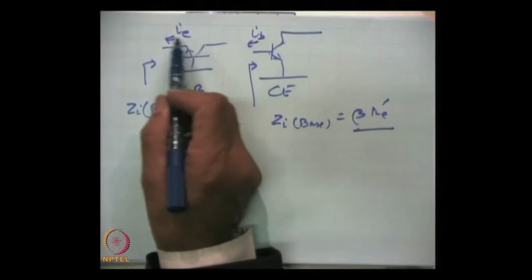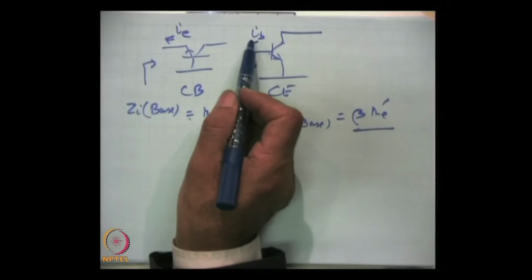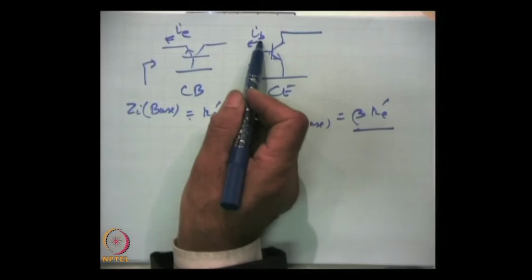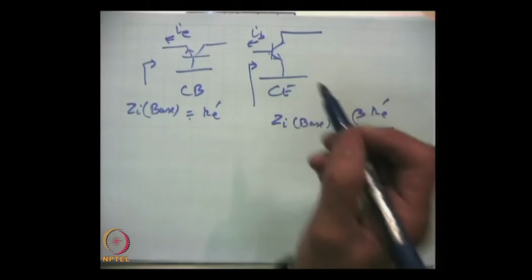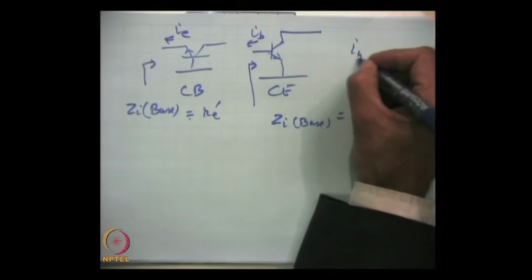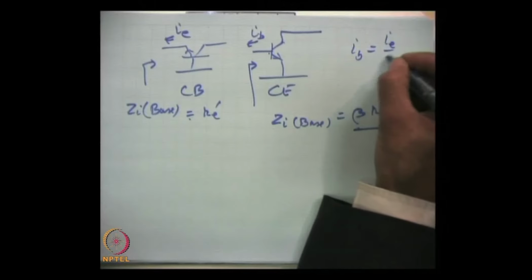Now, I e is beta times higher than I b, or in other words I b is equal to I e by beta.